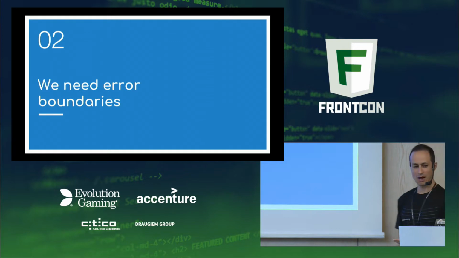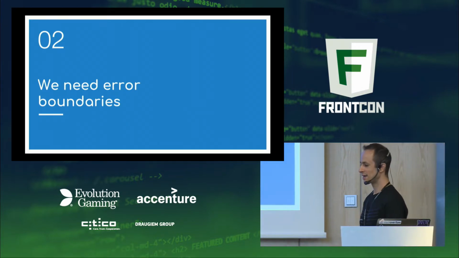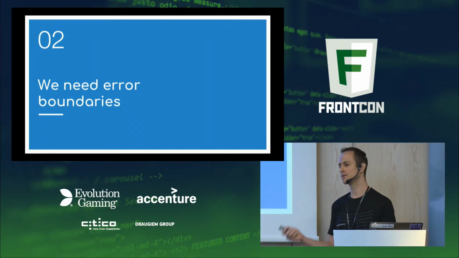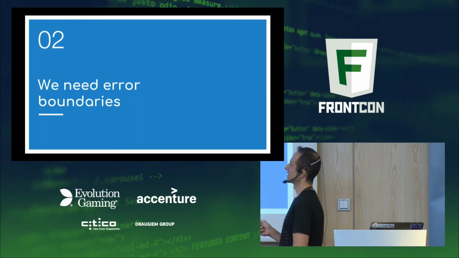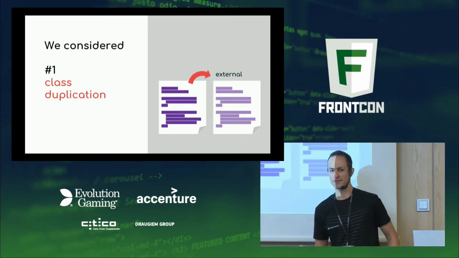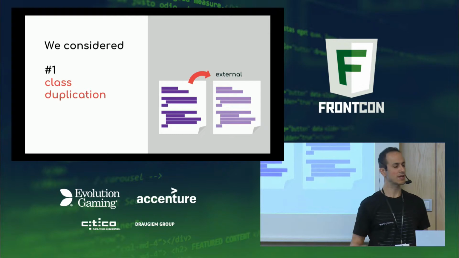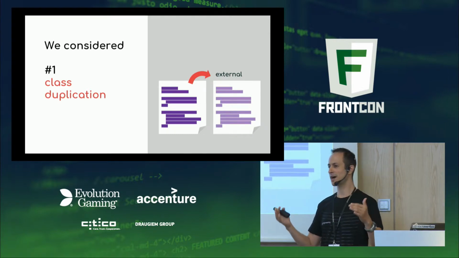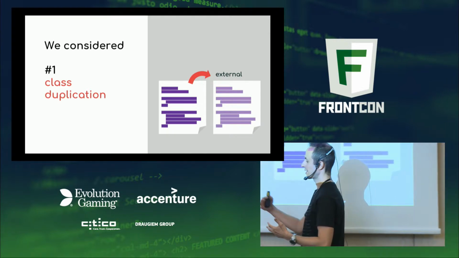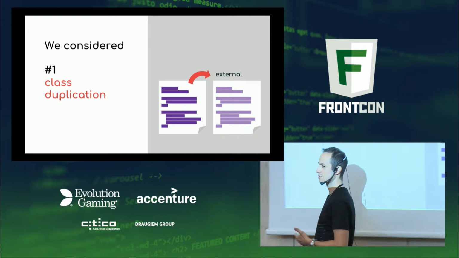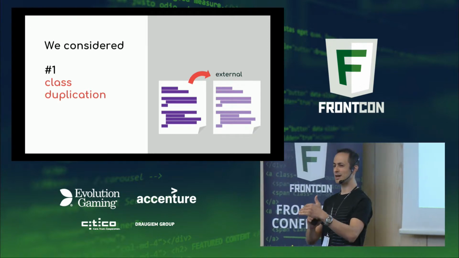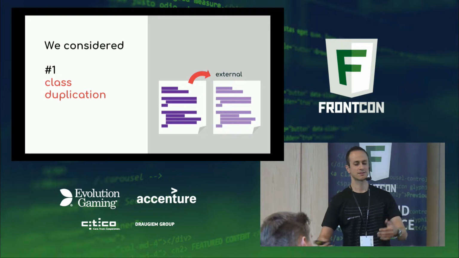So we need error boundaries, of course. We started to come up with ideas. First idea, very intuitive, was let's duplicate the class. Okay, we have an API. The API, we are externalizing, we are exposing it to the user. Let's take this API, duplicate the class.